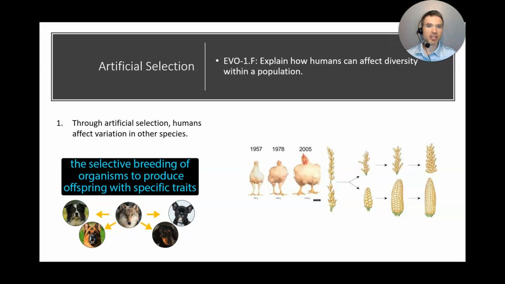You can see here in my slide, if you look at a chicken in 1957, it is much smaller than the one that we now breed in 2005. So our chickens have gained a lot of weight, and these are characteristics we need for meat production. Similarly, you can see the two examples there, the wheat and the corn.